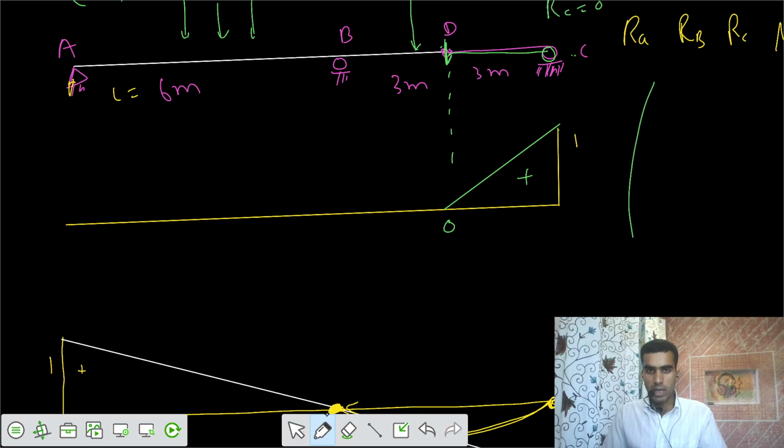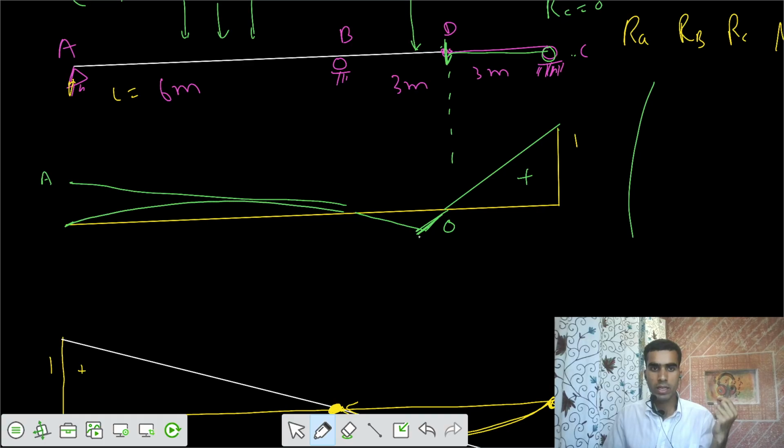Since if there is a little bit of theta in this part, that means there should definitely be some theta in this part, such that A has reached upwards. Now to ensure that support A is not displaced, we say there is some curvature.